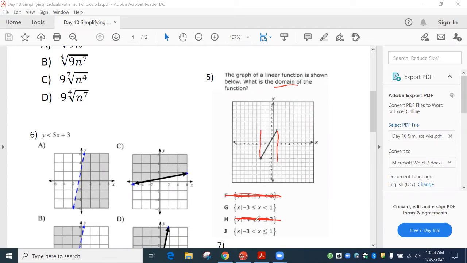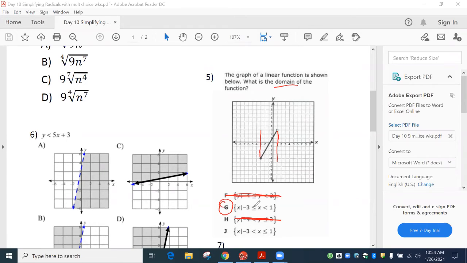So what's this coming down to? The equal to bar with -3 or no equal to bar. So when you look at where we hit -3, is there an equal to bar or no equal to bar? So remember, equal to bar. If it's filled in, sorry, I'm coming over here. So right down here, if it's filled in, it's equal to bar. If it's not filled in, no equal to bar.